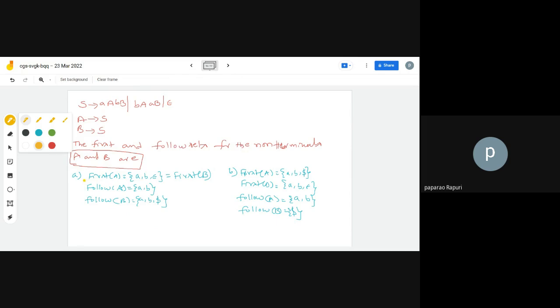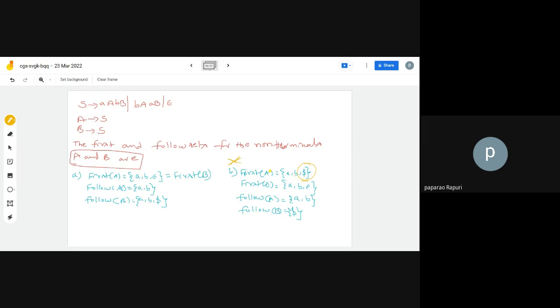So which options are not correct? Suppose if you see, in the first we should not write dollar. So first of A, there is no dollar here. Here first of A included dollar. So that's why we can simply say this is not the correct option, because the first set should not contain dollar.